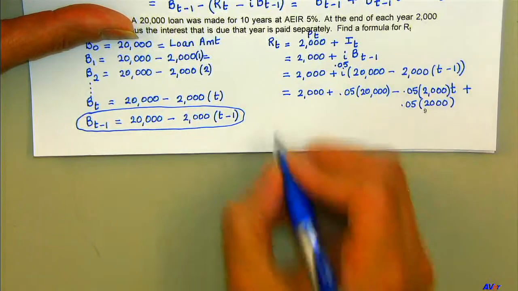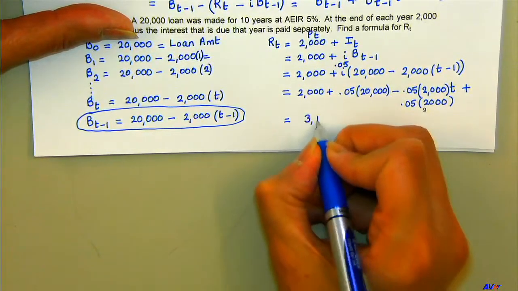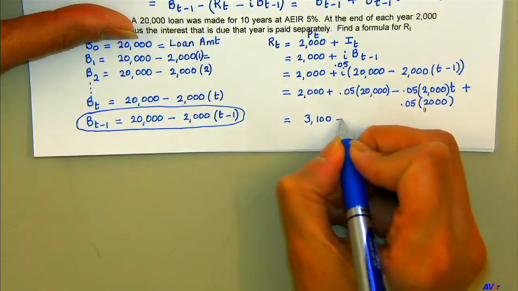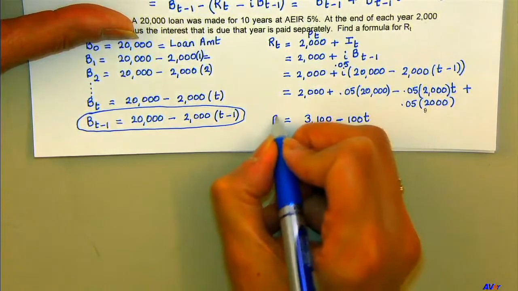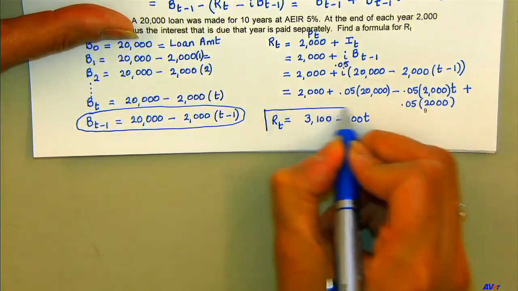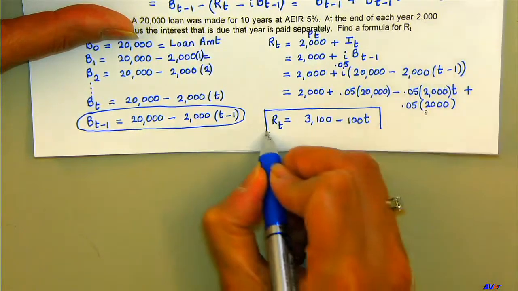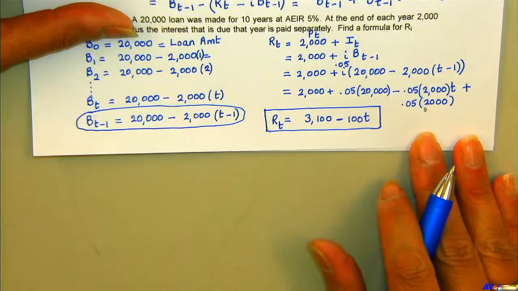And when I put it all together, I get 3,100 minus 100t. That's R_t. That's one way to do this problem. All they wanted was a formula for R_t, so I have my R_t.